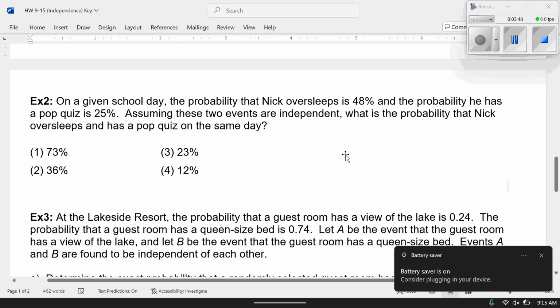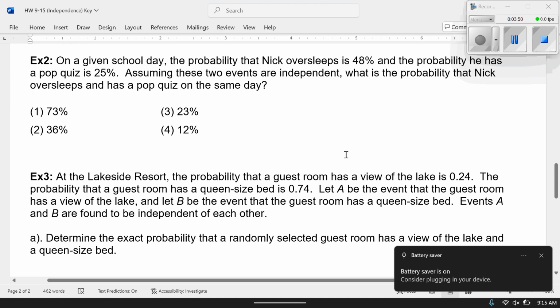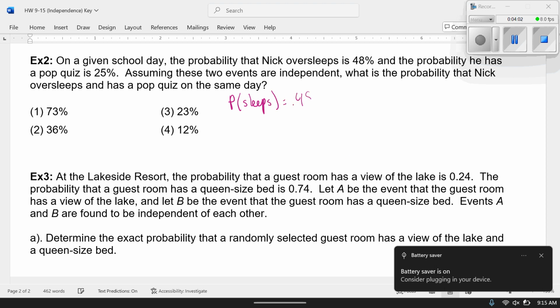For the second one, on a given school day, the probability that Nick oversleeps is 48%. The probability that he has a pop quiz is 25%.